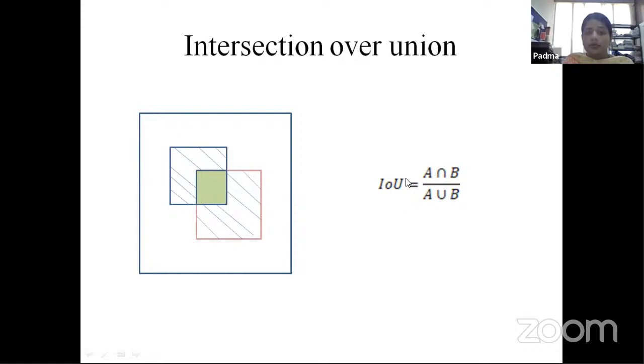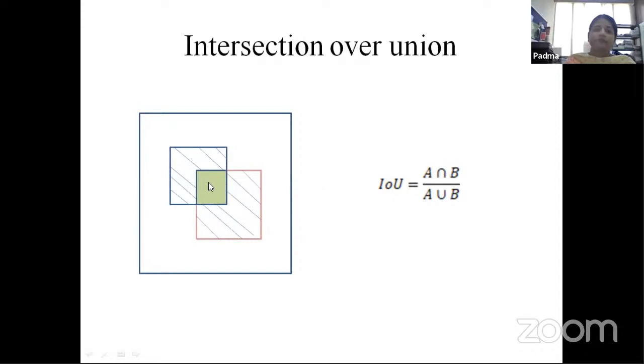So IOU here is A intersection B over A union B. A is the area of my ground truth, B is the total area of my predicted. Correct?